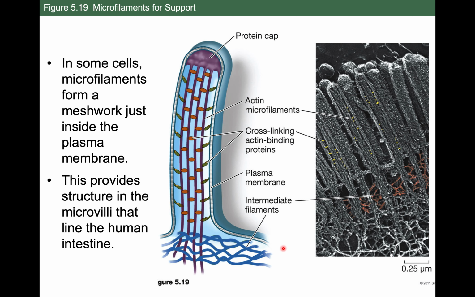The microfilaments inside these microvilli are basically helping allow them to stand up, so the microvilli don't just flop over. You can see the actin filaments in purple here, running parallel to the length of the microvilli. And then you have other little proteins in here, called cross-linking proteins, that are essentially just serving as scaffolding to help maintain that structure.